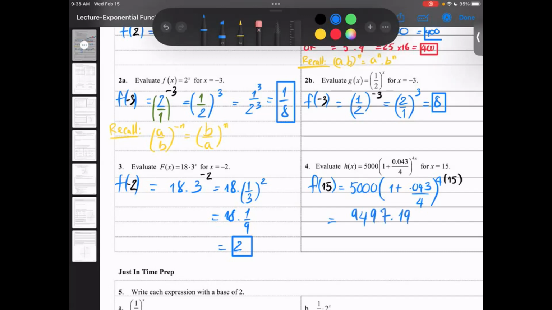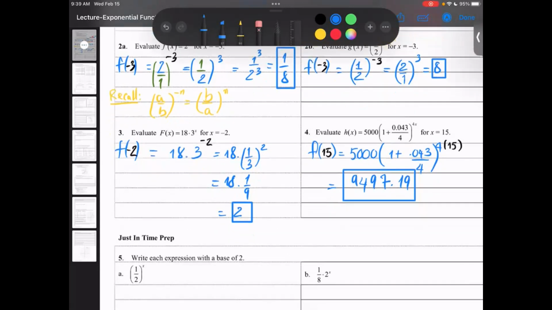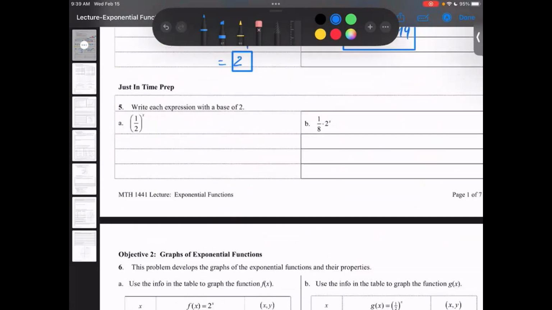Always round to 2 decimal places, because like I said, this is a money problem. Round to the nearest cent. So 19 cents. So far, so good. Just easy stuff.